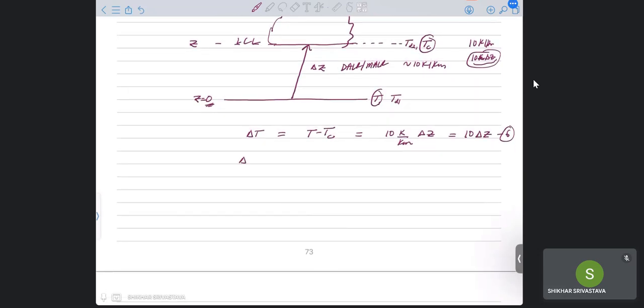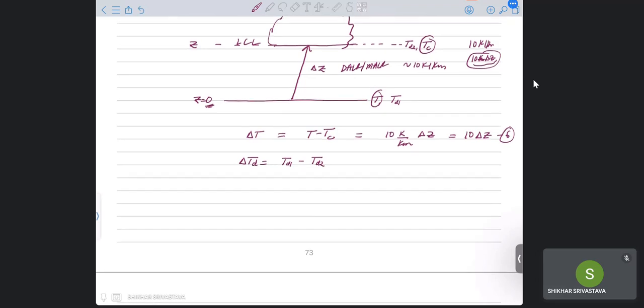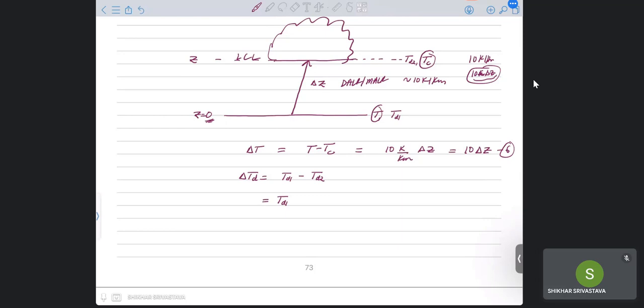Similarly, you can write the change in the dew point at two places. So it will be TD1 minus TD2. Now this TD1 will remain TD1 only, but the dew point temperature at the base of the cloud will be equal to Tc, because dew point and condensation temperature are equal.